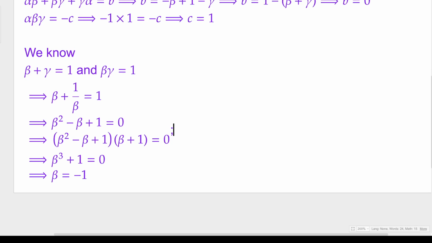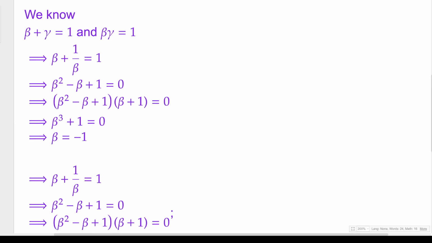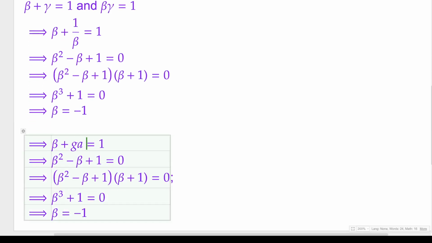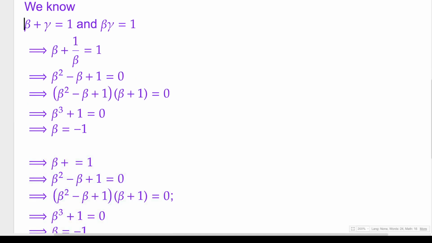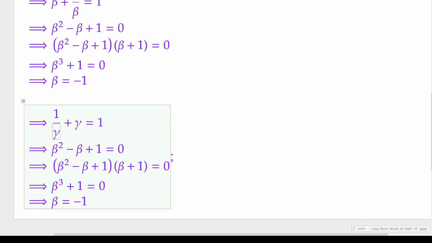So for gamma, the alpha value I'm already having, so I'll go to the next step and now resolve for gamma. Here gamma can be written as it is, and beta will be replaced as 1 over gamma. Now in the similar rearrangement, if I solve, I'll replace everywhere with gamma.